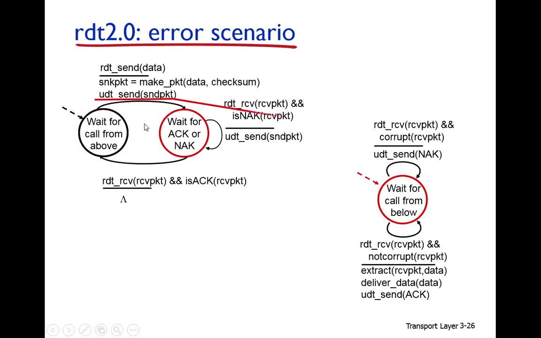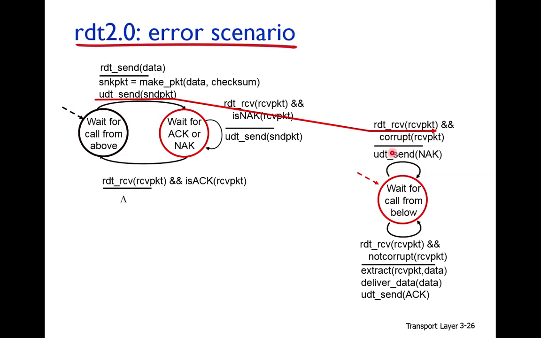Okay, it is sent. Now suppose the receiver receives the data and this received data is corrupt. Corrupt means that it has bit error. And how does the receiver come to know that the data has bit error? Through checksum. If the data is corrupt, it has bit error, so it will be discarded.